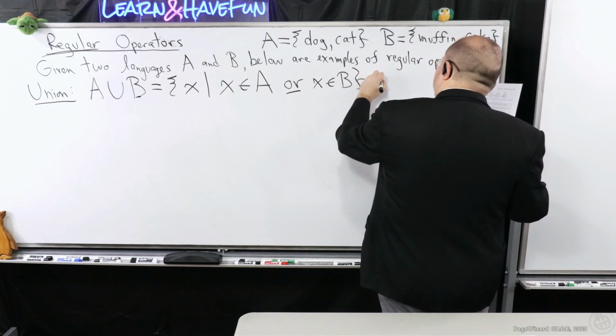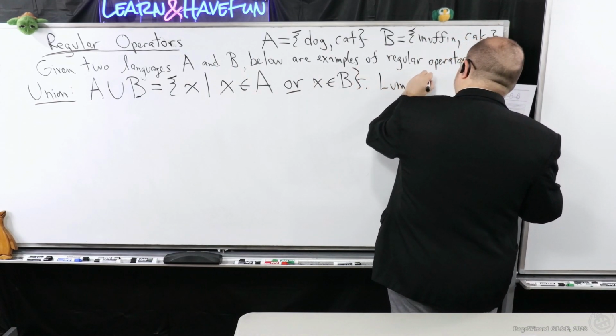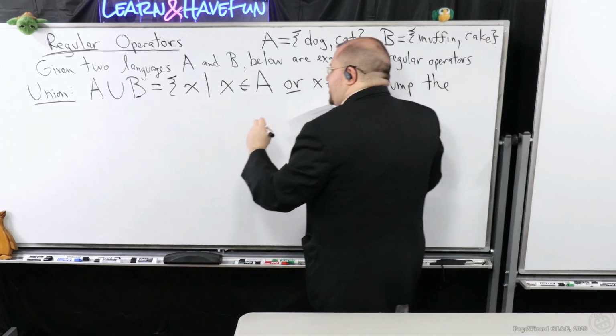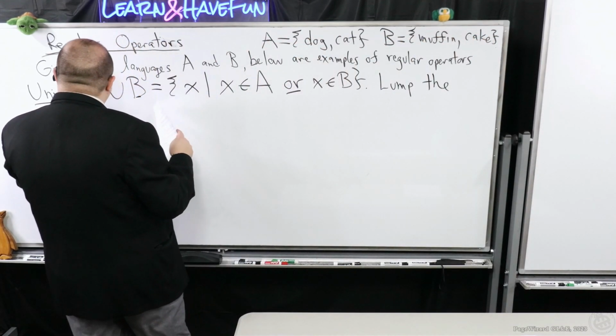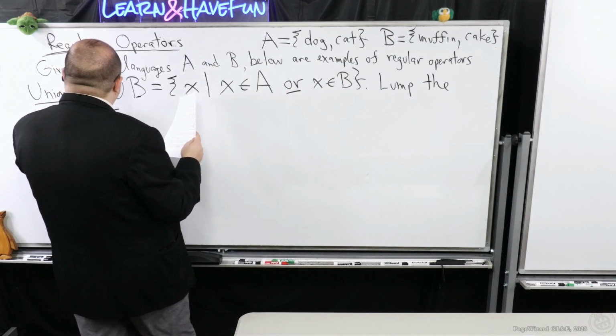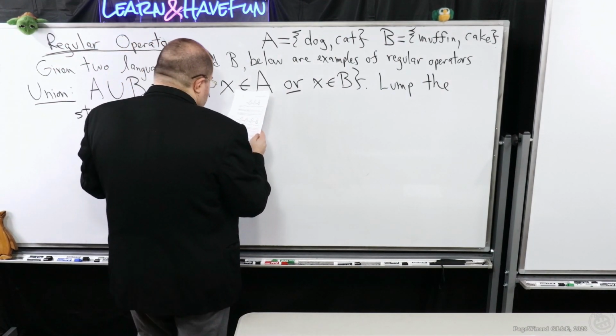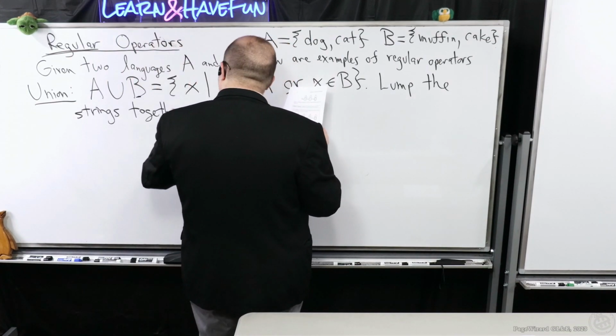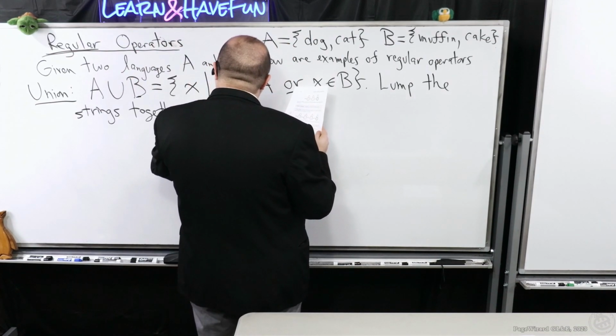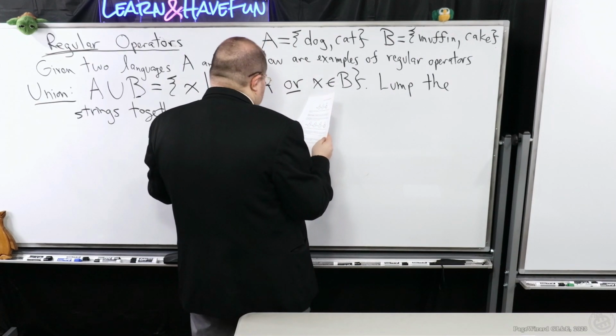In plain language, you're just going to lump the strings together into one set from A and B, without multiplicity, of course. You don't write out the duplicates. This isn't a multi-set.